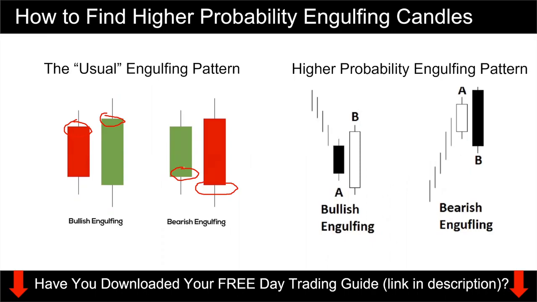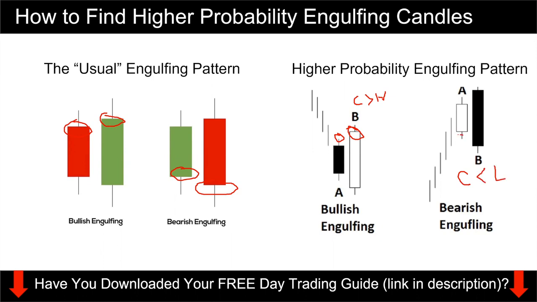But if you want a higher probability engulfing pattern, then what you want to see is that for a bullish engulfing pattern, the close is above the high of the candle. Okay, in the case of the bearish engulfing, you want to see that the close is lower than the low.